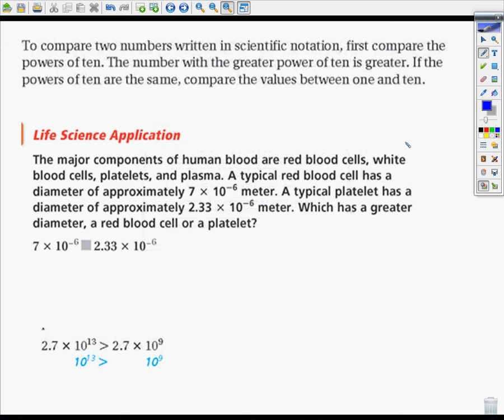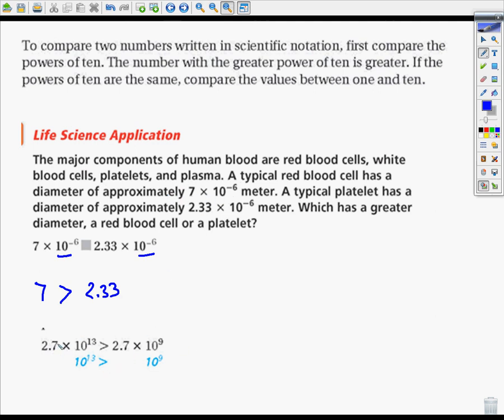Which has a greater diameter, a red blood cell or a platelet? Well, here they have the exact same power of 10. They're both negative 6, so I'm going to look at the 7 and compare it to the 2.33, and 7 is greater. So in this case, the red blood cell has a greater diameter.